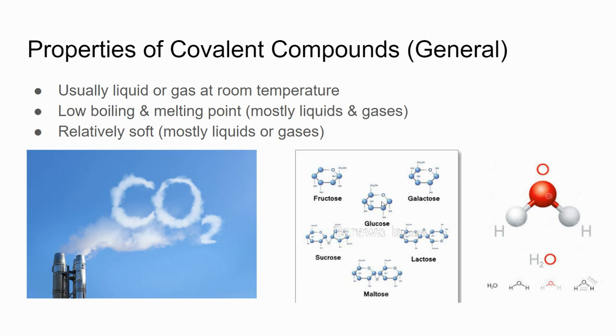If they are solids, they're relatively soft. But again, wood is a covalent compound. Wood is not soft. It doesn't melt, actually, it burns. So these are just general things. They're not true for every compound.